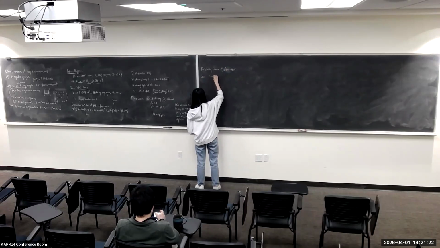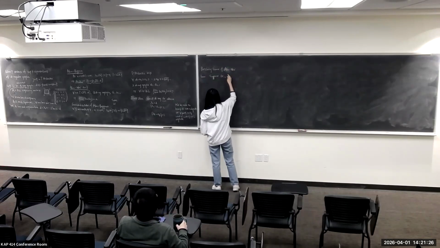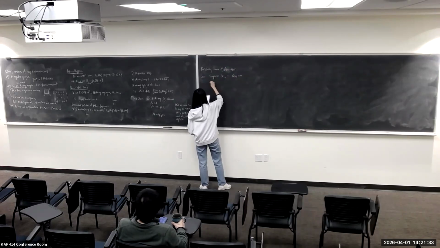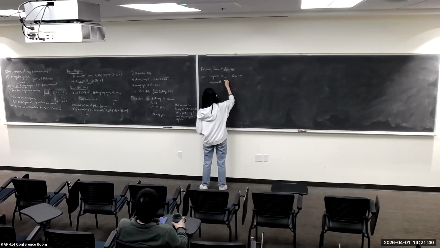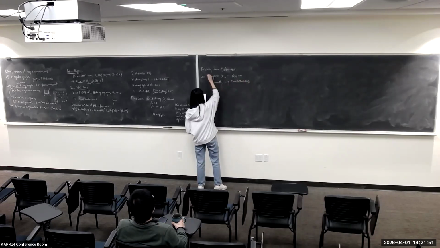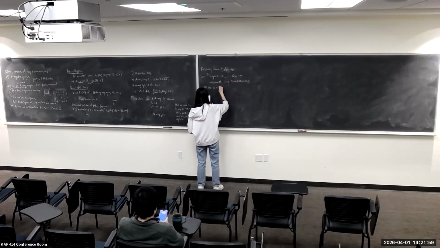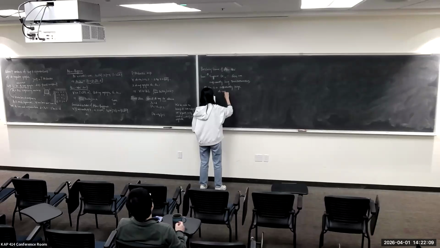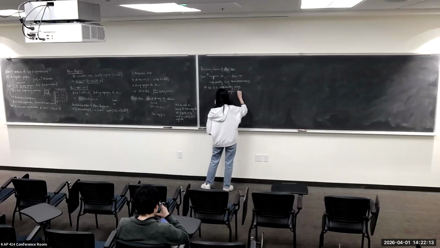Suppose G1 up to, I'll do K minus 1, are sufficiently long tree extensions. We will explain this in a second. And G0 is a sufficiently large D-regular graph with sufficiently large girth.